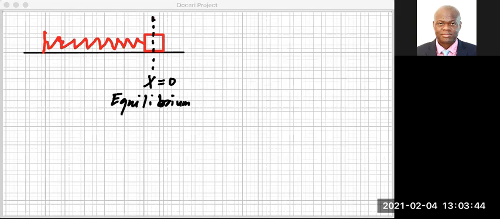Similarly, for a pendulum, this point is also the equilibrium.